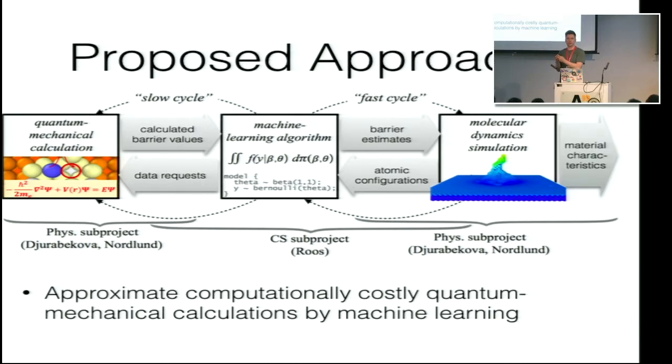So it will request more data to be trained on only when it needs that. Therefore, we don't have to worry about calculating a huge amount of training data for that machine learning algorithm if we don't need it. And that's our new idea here.